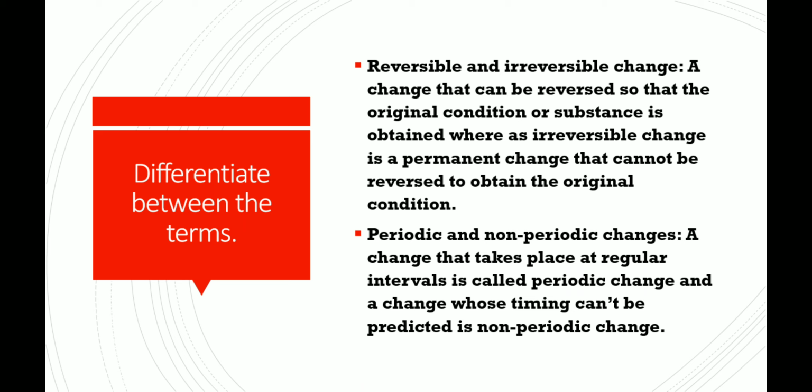Then comes periodic and non-periodic changes. A change that takes place at regular intervals is called periodic change, and a change whose timing cannot be predicted is a non-periodic change.